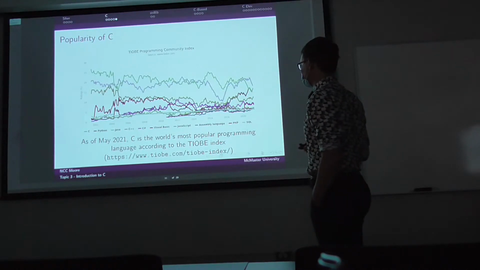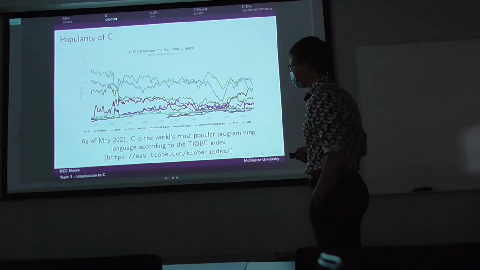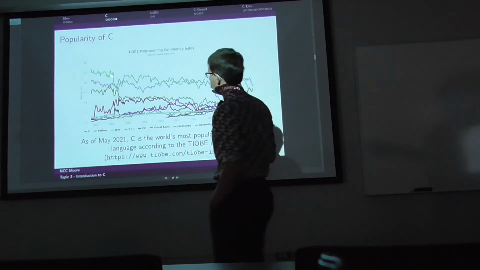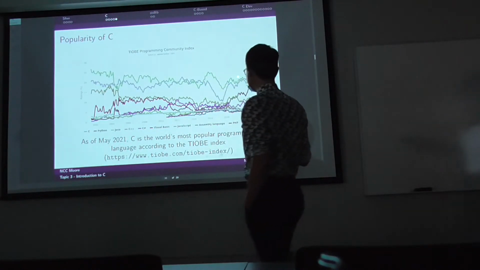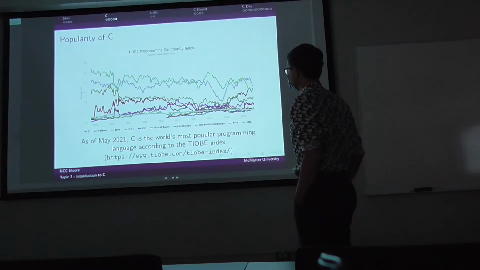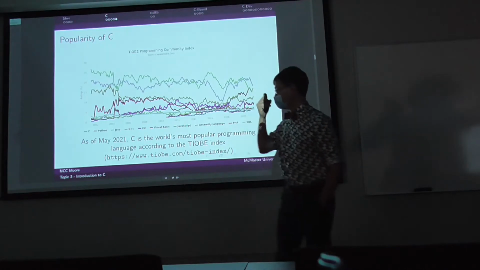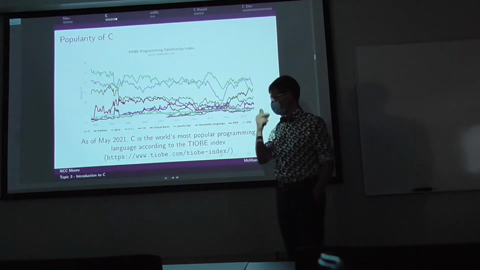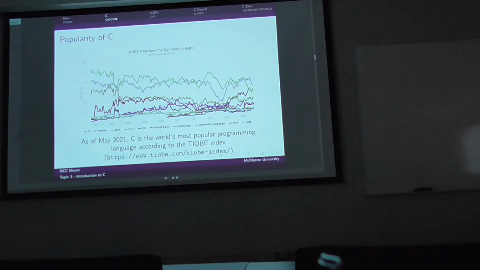Visual Basic is now relegated to a second-class language. And this guy at the top, this is Java. So Java has taken a pretty steep hit in recent years. But yeah, as of May 2021, C was the world's most popular programming language, at least with respect to the number of people trying to learn it.